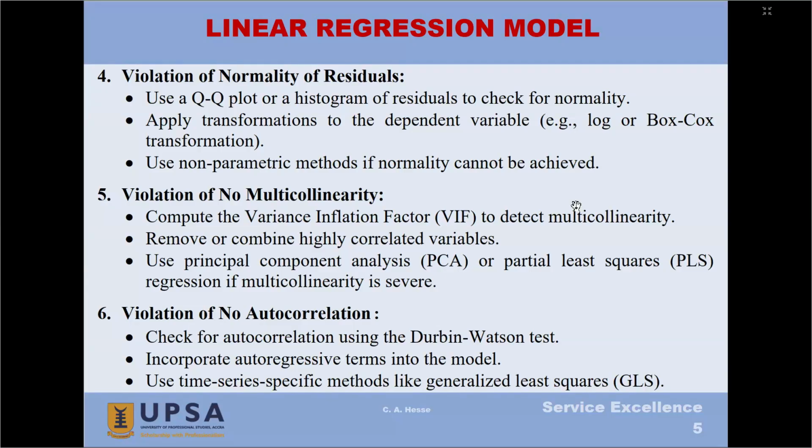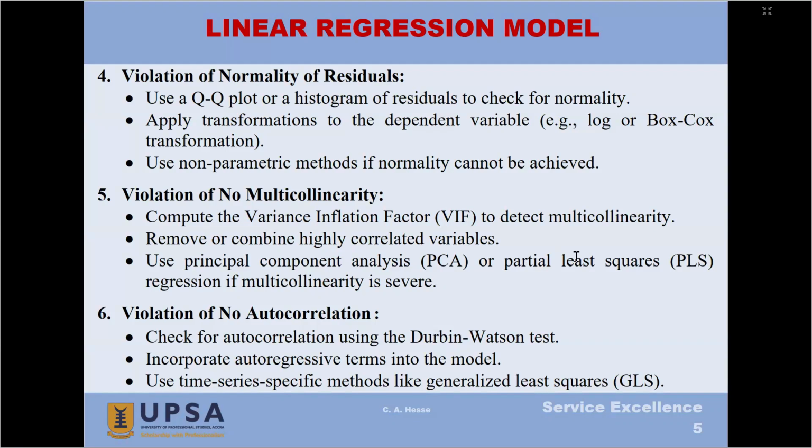If there is, you can remove variables; if two variables are highly correlated, you can remove one of them, or use principal component analysis to reduce the dimensionality of your data. That's when there's multi-collinearity among the independent variables.